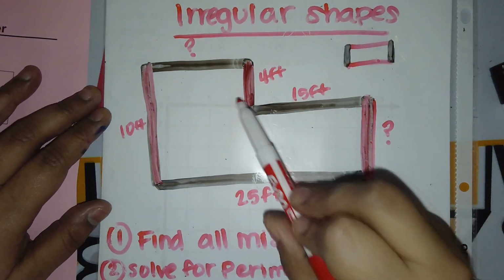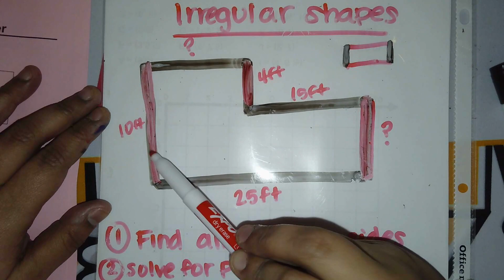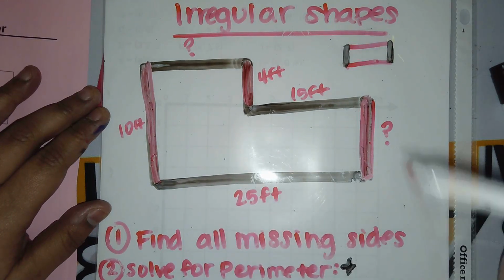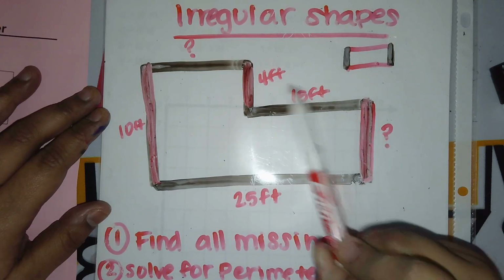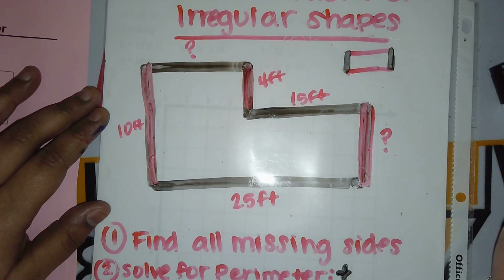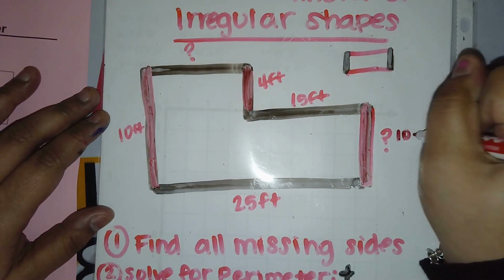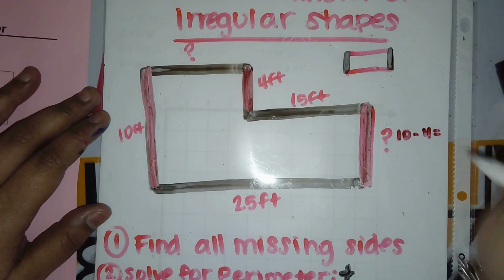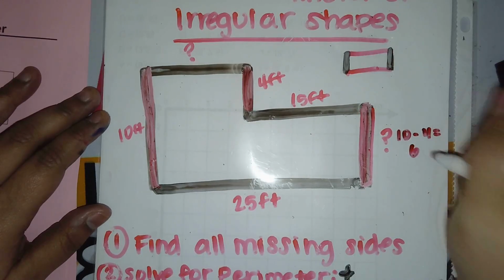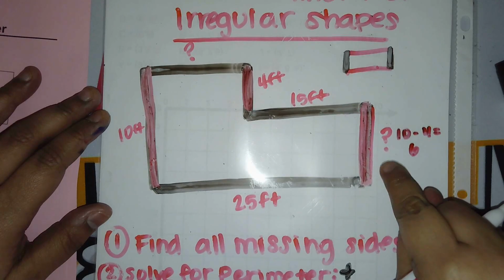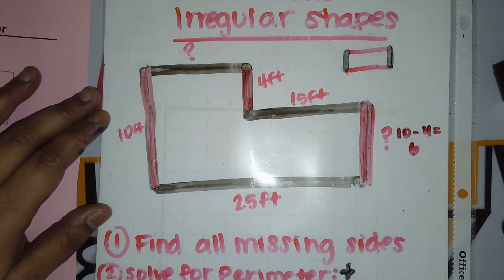So these 2 sides together would give me this big side, all right? So blank plus 4 is going to give me 10. Or to figure out this side, I could do 10 minus 4, which would give me 6. So this side is 6, okay?